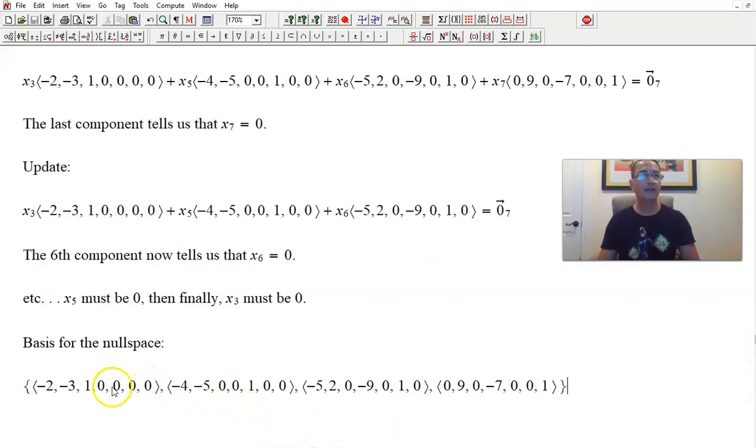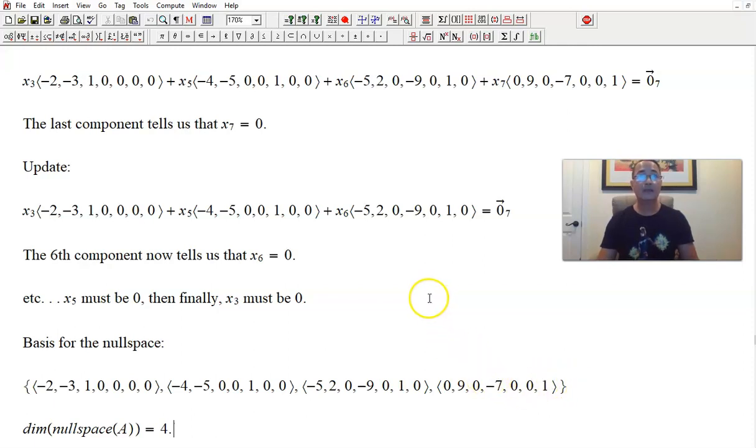All right, so I've gone ahead and copied down these 4 vectors as our basis for the null space. And of course, we can say that the dimension of the null space of A is equal to 4. Okay, so the row space and the column space are both 3-dimensional, and the null space is 4-dimensional.